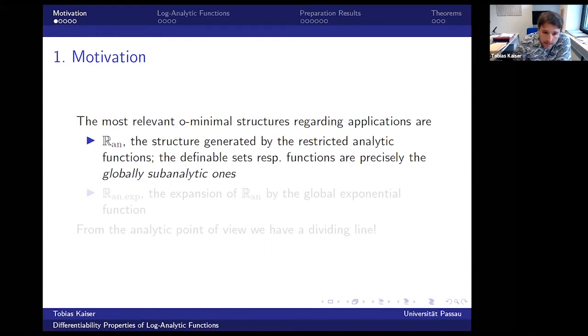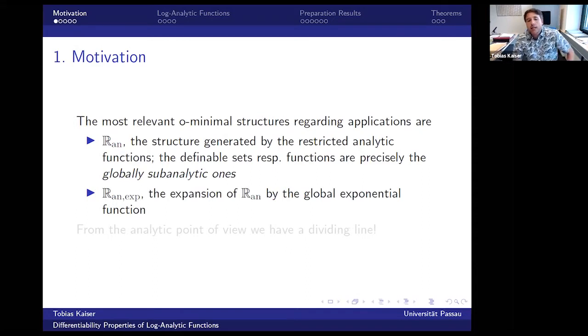And then we expand this structure by the global exponential function and obtain the structure of restricted analytic functions and the exponential function. And as we already have heard, there is a dividing line from the analytic point of view.